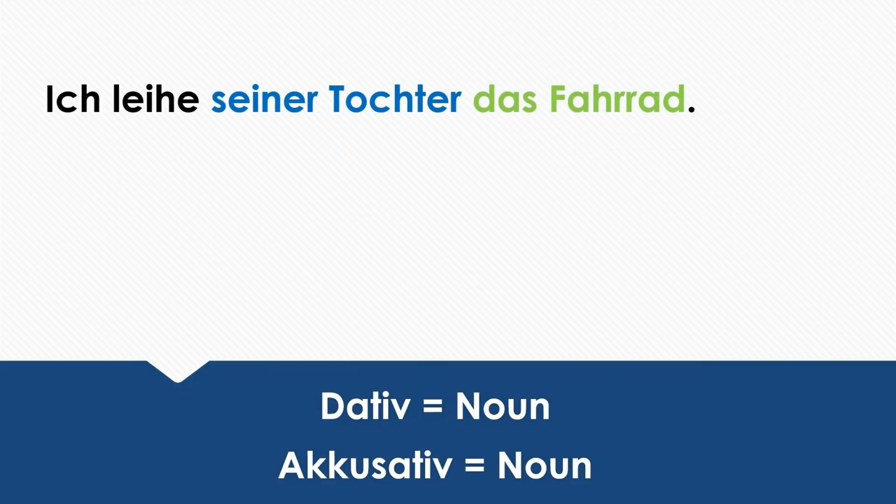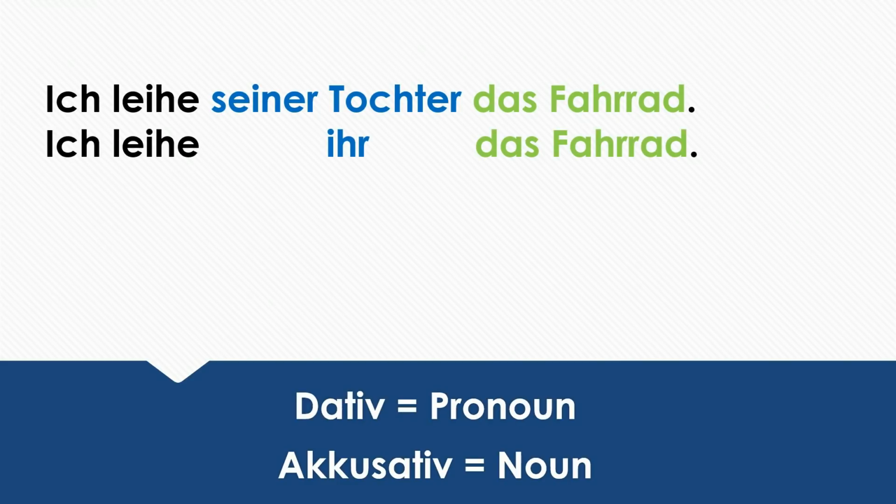Next example. Ich leihe seiner Tochter das Fahrrad. I'm loaning his daughter the bike. First the dative case and then the accusative case. We can replace seiner Tochter with a pronoun. Ich leihe ihr das Fahrrad.